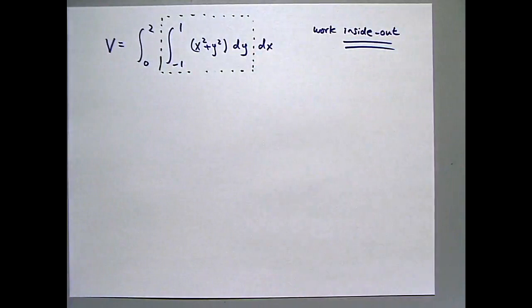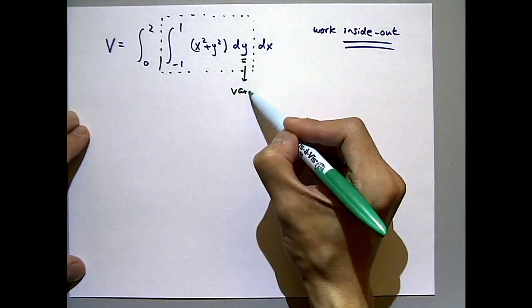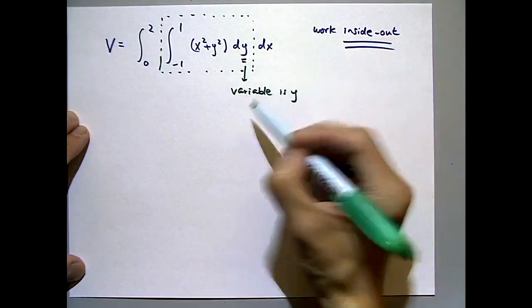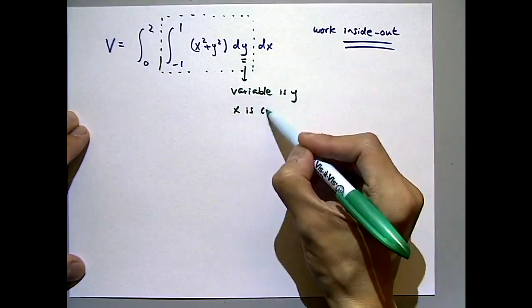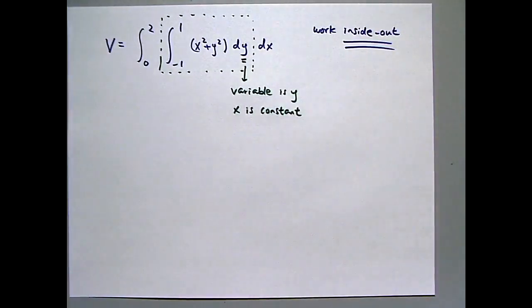So first we look at this one, the inner one. That dy tells us that the variable is y, and x is treated like a constant during the inner integration. It's the exact opposite of partial derivative, right?